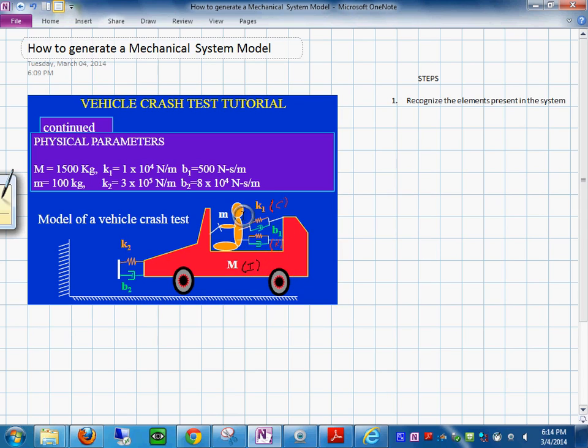You have an I element, you have also the person here. So the mass would also be an I element in here. And this would be a C element for this spring. And this would also be an R element over here.